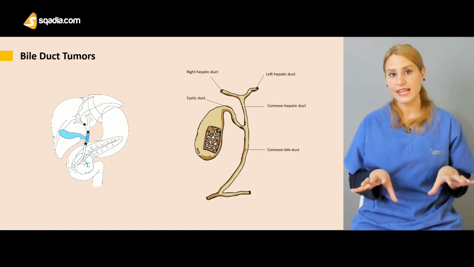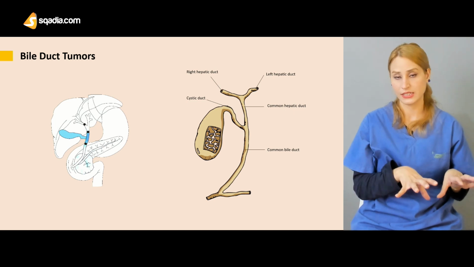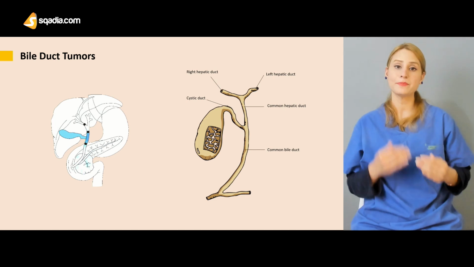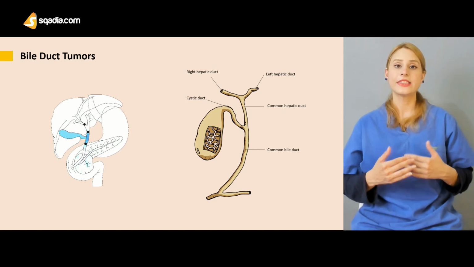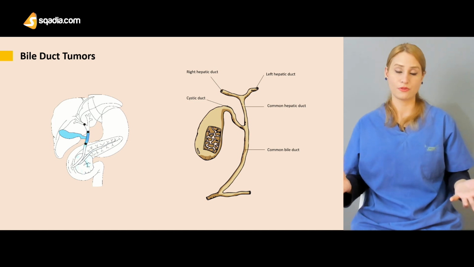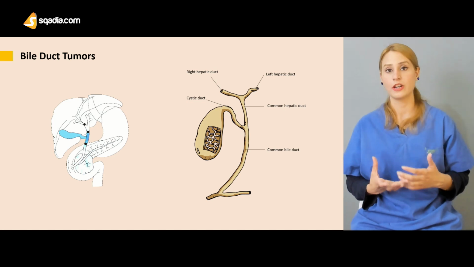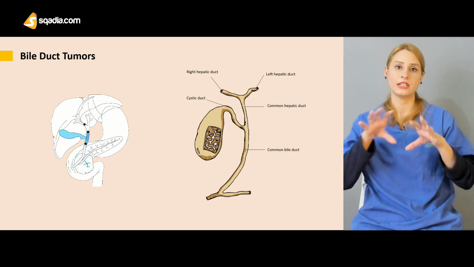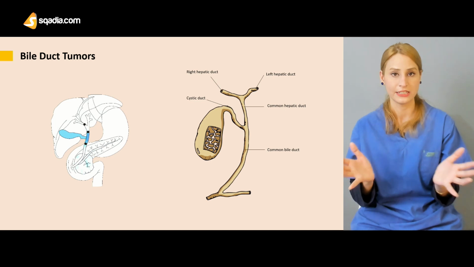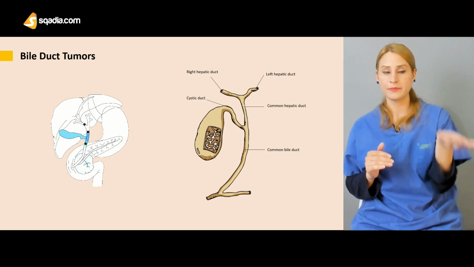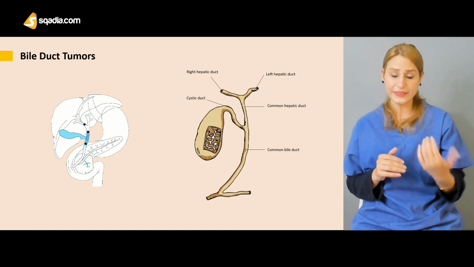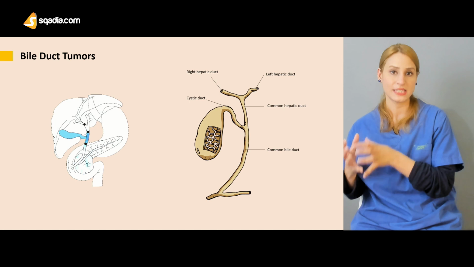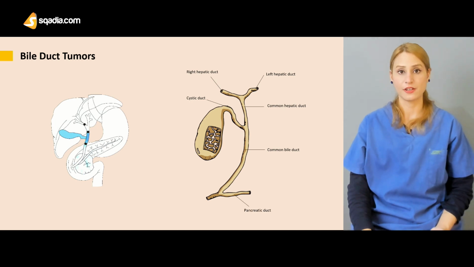This classification is based upon their location. Hilar or perihilar cholangiocarcinomas make up the largest proportion. Almost 50% of the tumors coming from the bile ducts are hilar or perihilar cholangiocarcinoma. The remaining 30% are intrahepatic, and 20% of the proportion is made up by the distal cholangiocarcinomas.